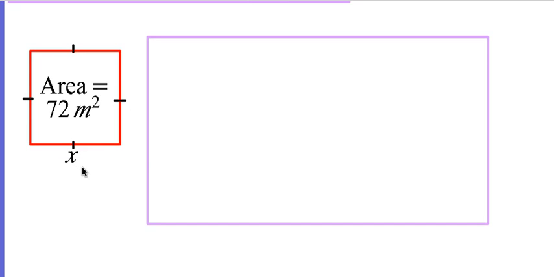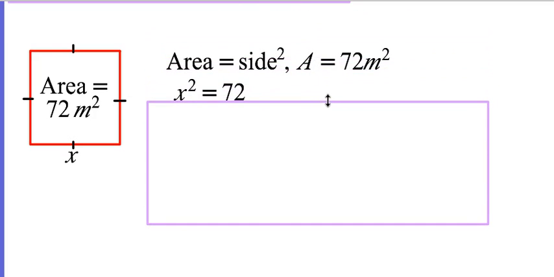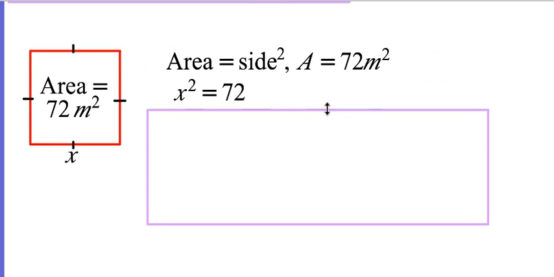So how do we find the area of a square? Well, it's basically the same as the area of a rectangle, base times height. And we know that all the sides are going to be the same, so the side squared is going to just be x squared is equal to 72.